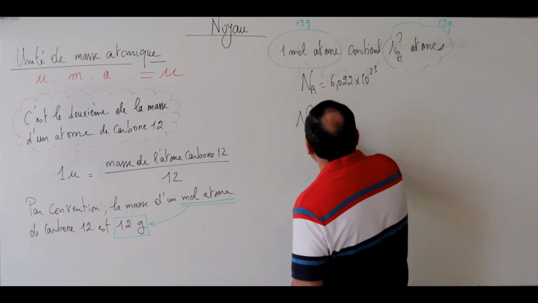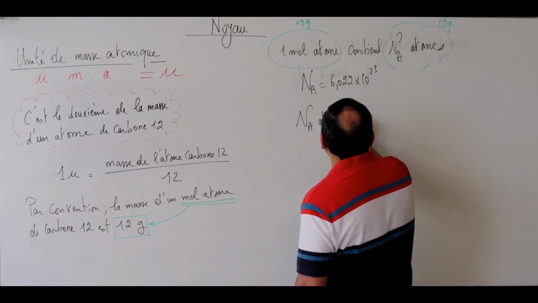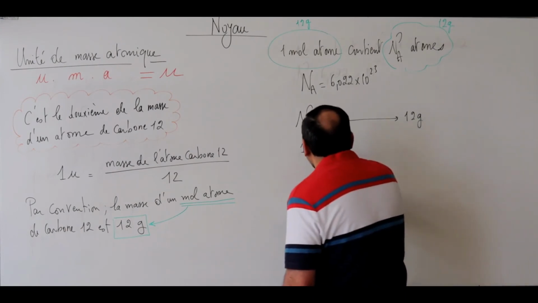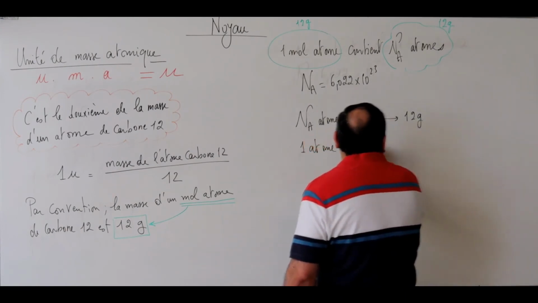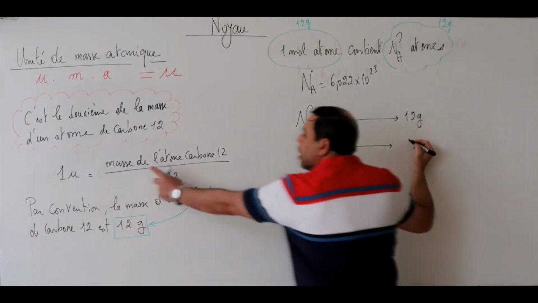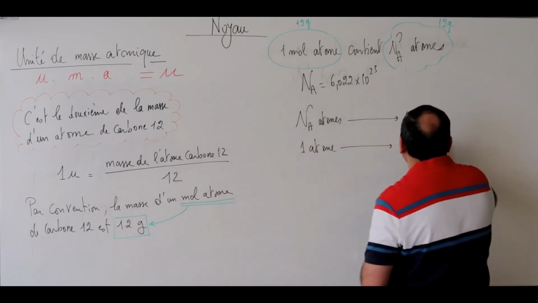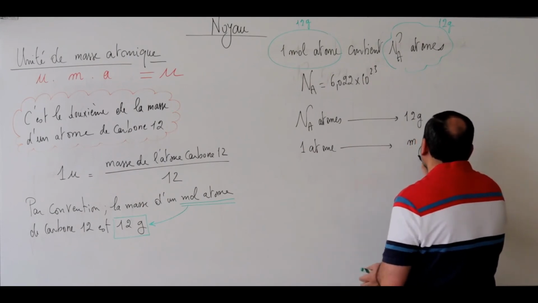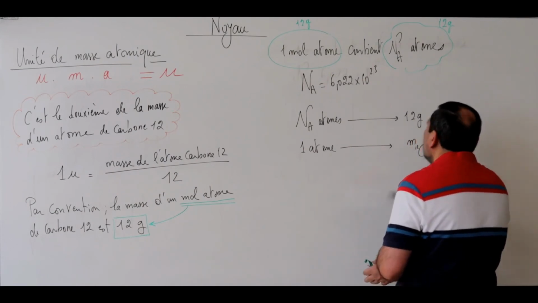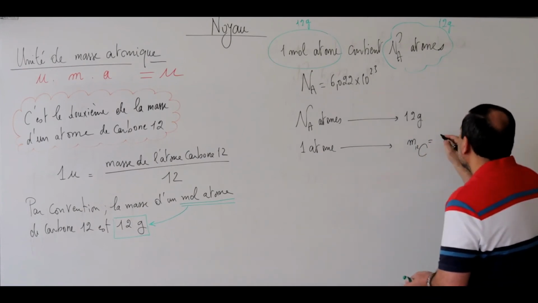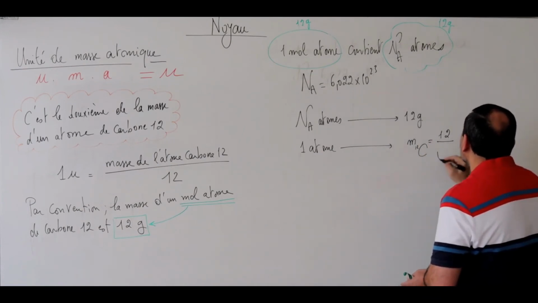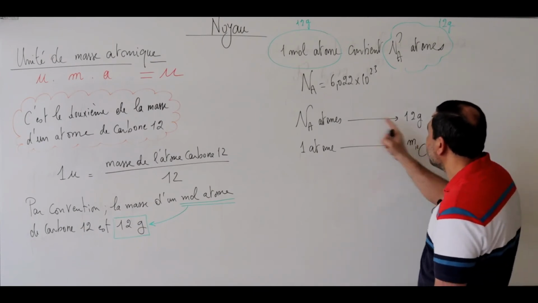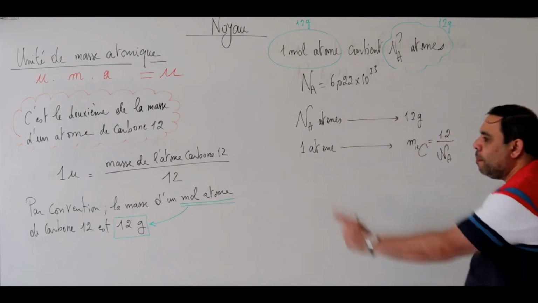So for one atom, what is its mass? The mass of a carbon-12 atom equals 12 over Avogadro's number, multiplying 1 by 12 and dividing by Na.